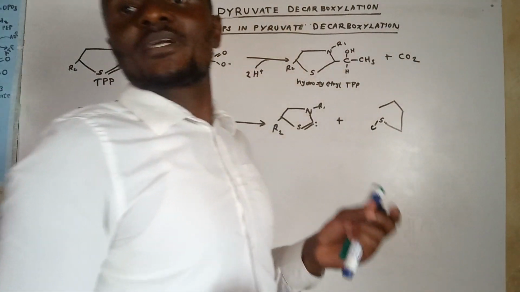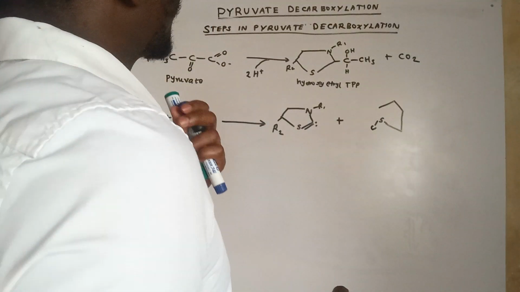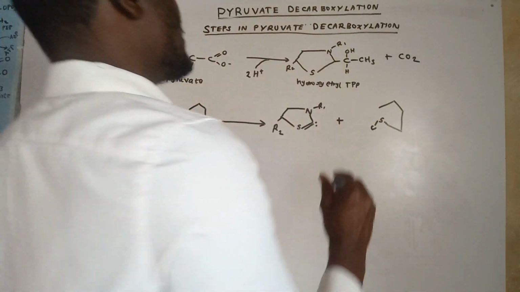The group is attached to our lipoamide. So this one is called acetyl lipoamide.